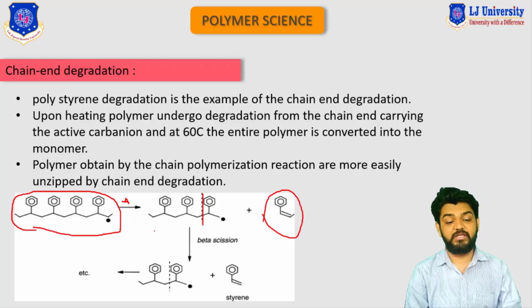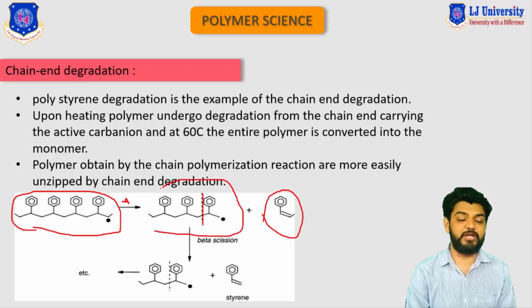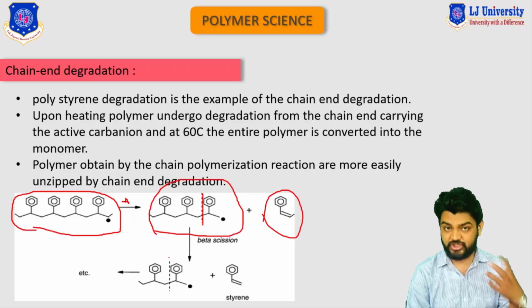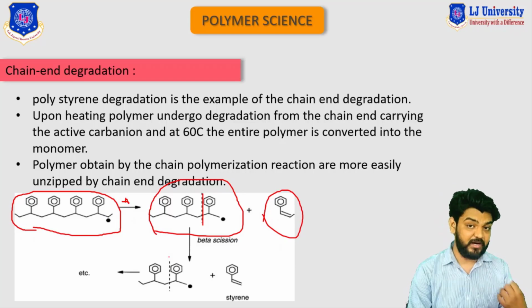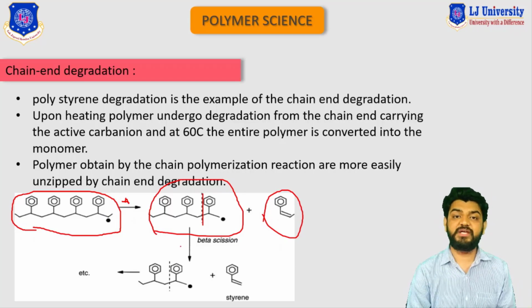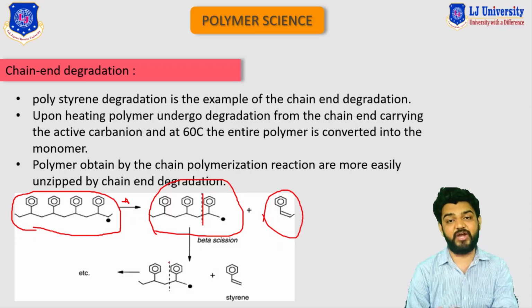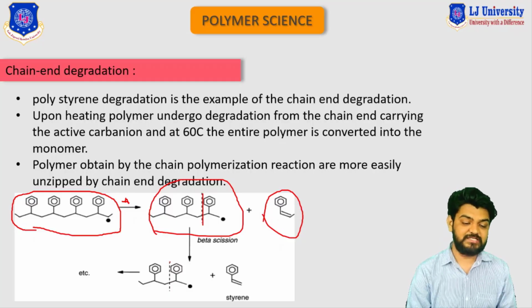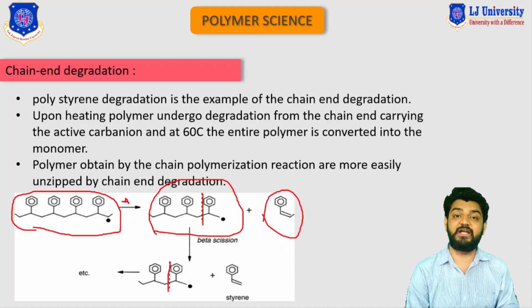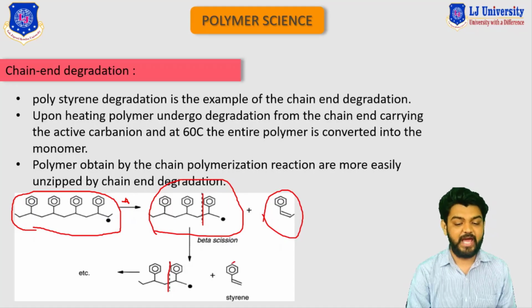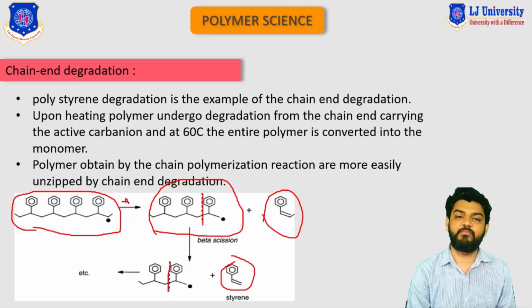Now if this polymer further undergoes the degradation process where I continue to apply heat, its temperature will rise. And again this degradation process will take place at the end of the chain. And now you can see here that this monomer which is at the end of the chain will degrade, and we will have one more styrene monomer.